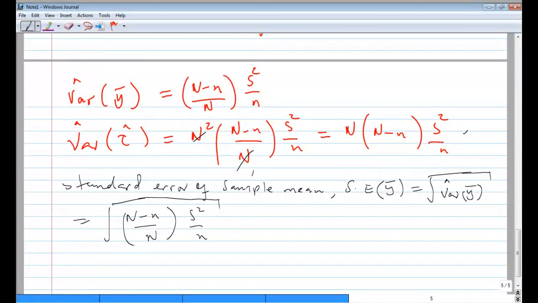Okay. Now, the bound on the error of estimation for the estimated population mean. I think you spoke about the bound before.